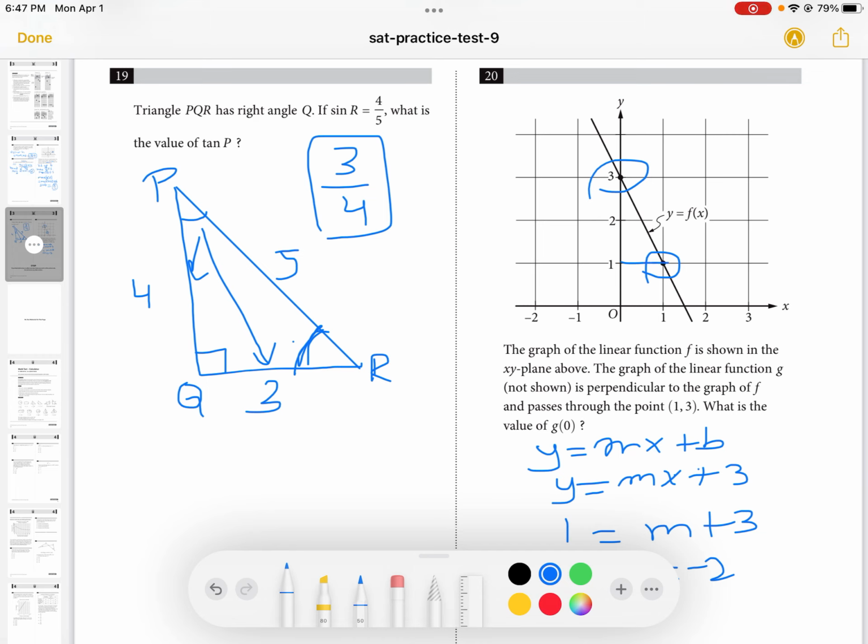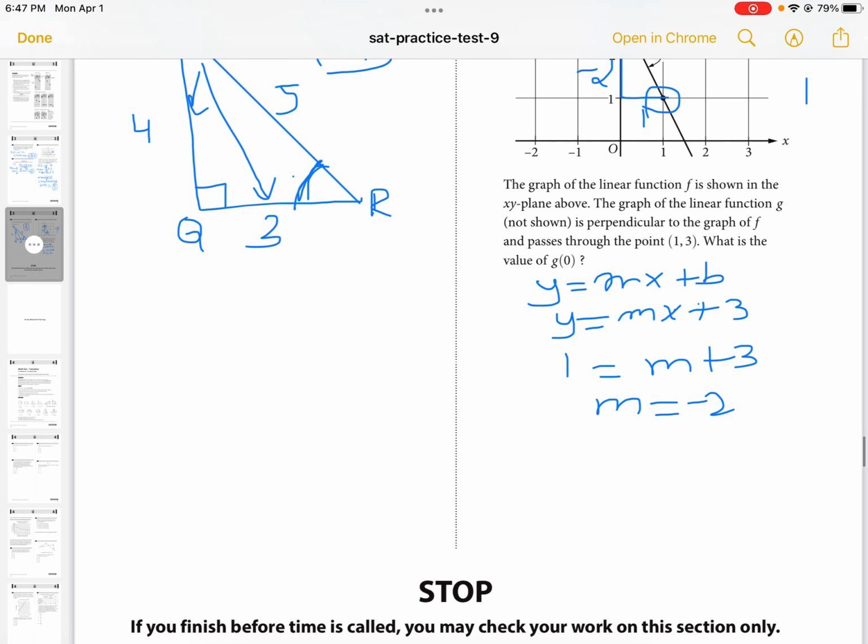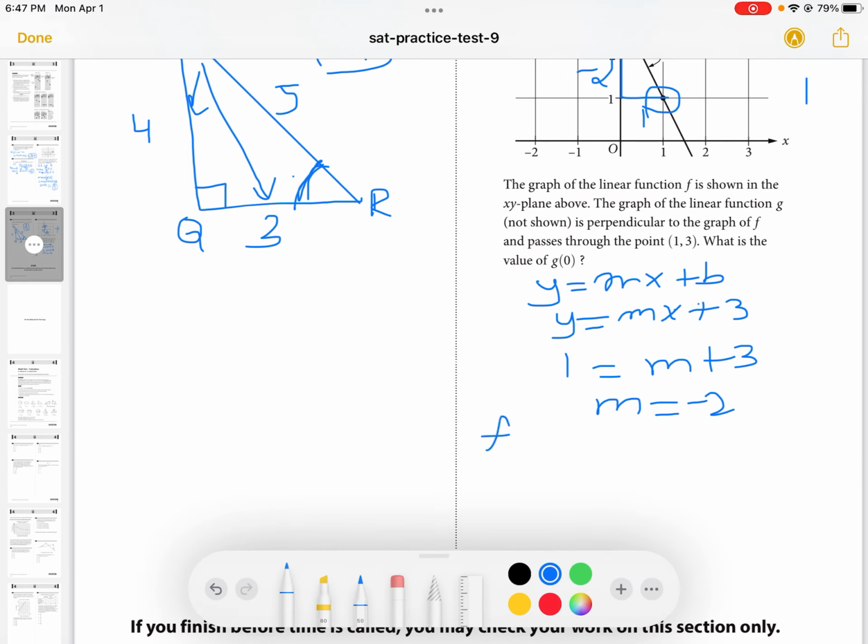We move 1 to the right to get to the x-coordinate of the next point from the y-intercept. But at the same time, we also move 2 down. If we move 2 down and then 1 to the right, our slope is just rise over run, -2 over 1. So that's our slope. So our function f of x is -2x plus 3.